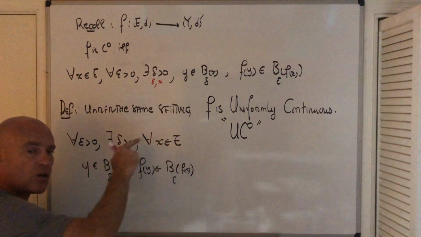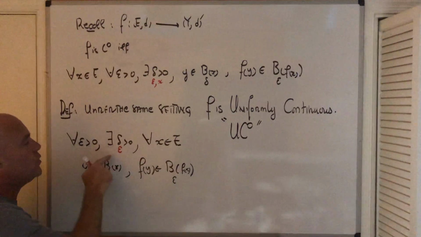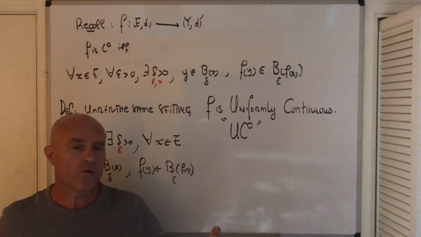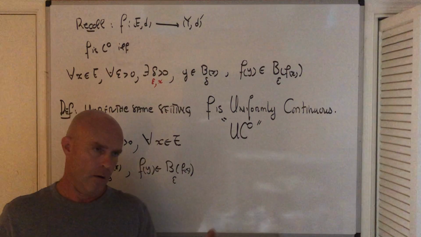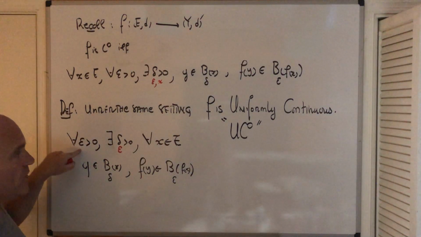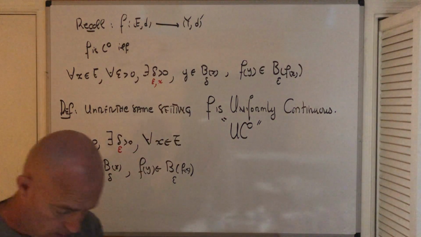So that's why we say it's uniformly continuous: the delta can be chosen the same for any point you are taking, requiring, of course, that the epsilon is given. That's pretty much the difference.